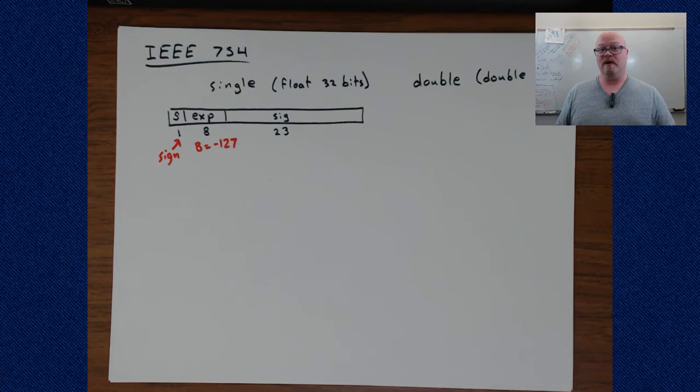So if you found the number 127 in these bits in an IEEE 754 single precision value, then you would assume that that's already 127 larger than the true exponent. And so if you see encoded 127, it really means the exponent is 0.